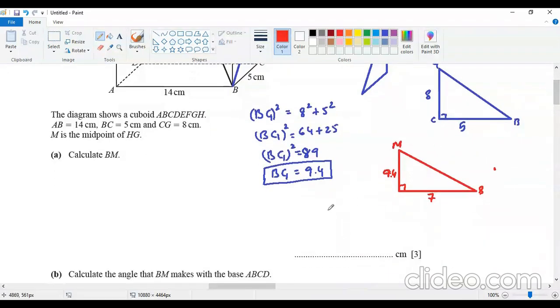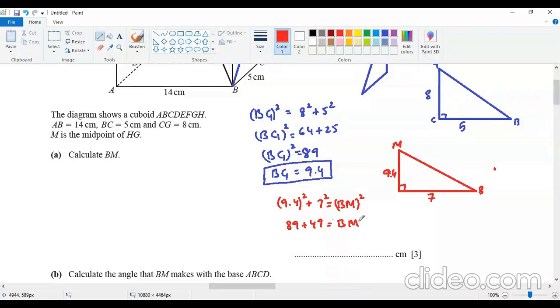So using Pythagoras theorem again, this is going to give us 9.4 square plus 7 square is going to be the length of BM square. So this is going to be 89, and this is 49.